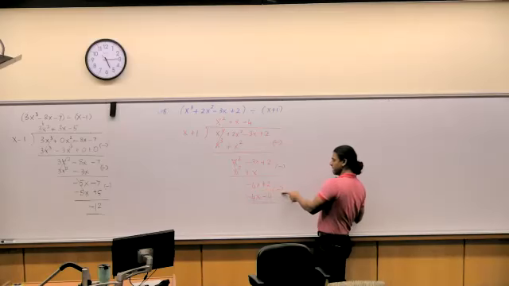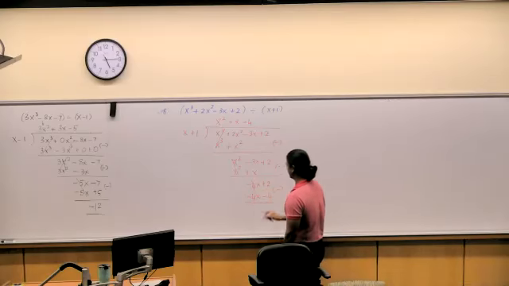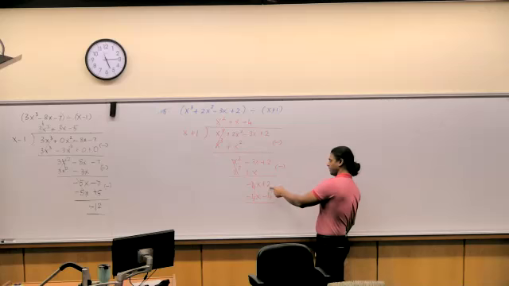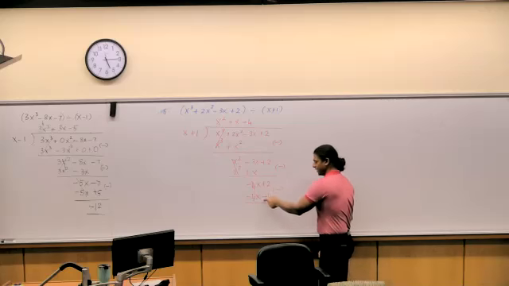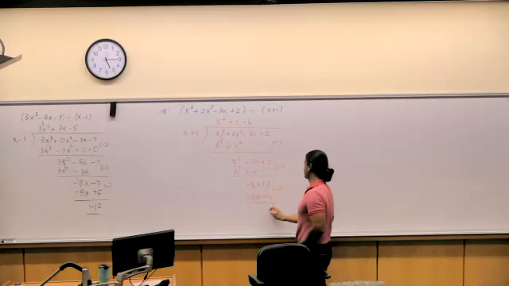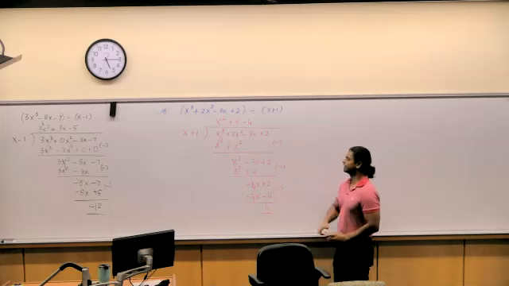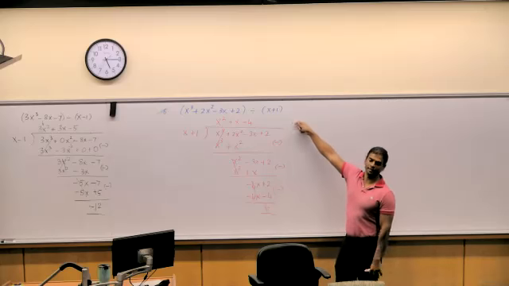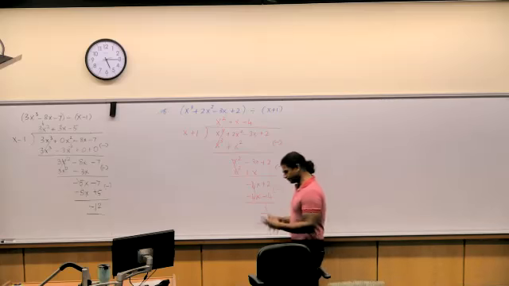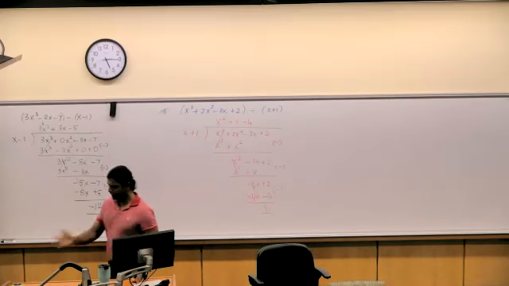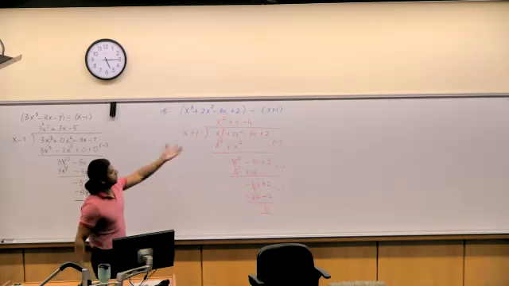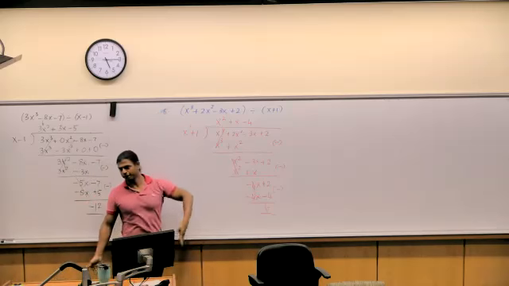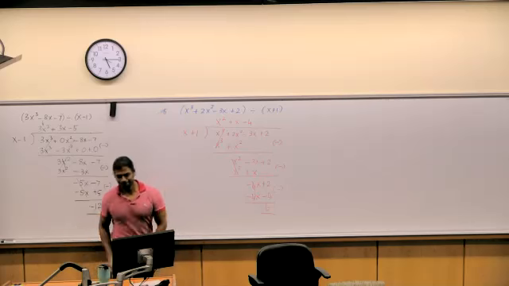Negative 4x minus negative 4x will get cancelled. 2 minus negative 4, this would become plus. 2 plus 4, 6. So the remainder is 6. The quotient is x squared plus x minus 4. So when you do homework or an exam, it's always going to be find the quotient, find the remainder, or find both.